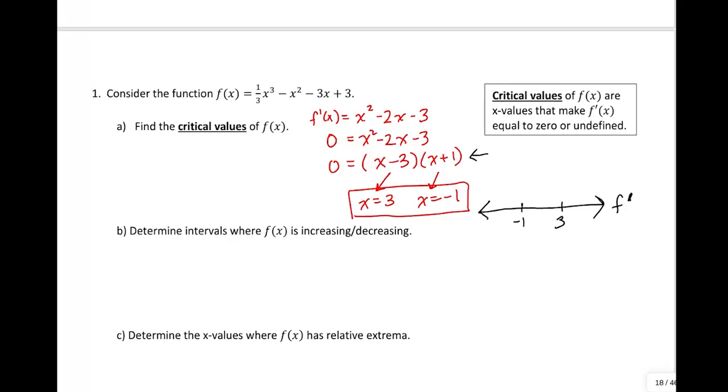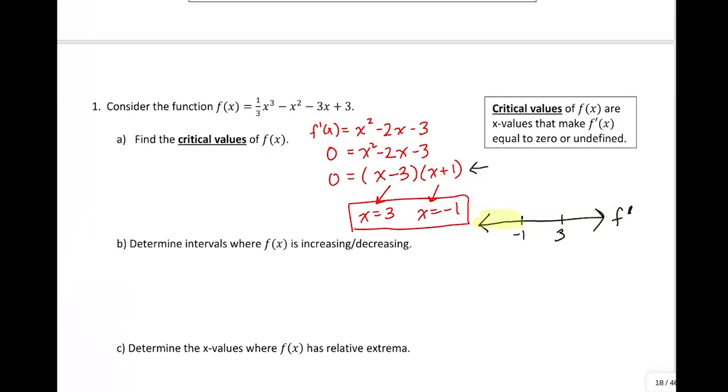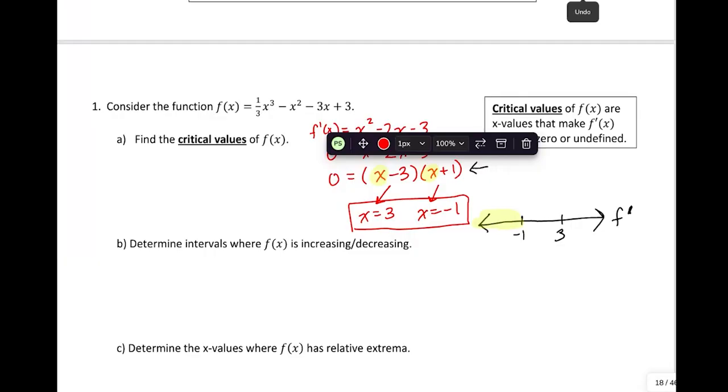So let's pick a number like negative 10 to serve as the representative for this leftmost interval over here, and plug it in. If I plug in negative 10 to x here and here, I don't really care exactly what it equals, I only care about the sign.